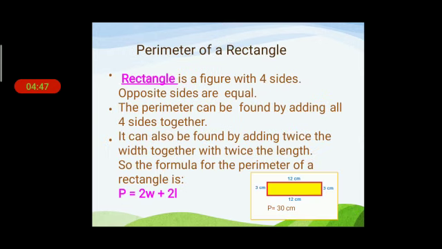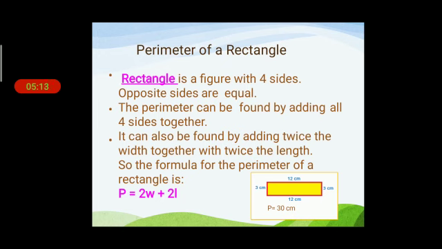What is the perimeter of a rectangle? What is a rectangle? A rectangle is a figure with 4 sides and its opposite sides are equal. The perimeter can be found by adding all four sides together. It can also be found by adding twice the width together with twice the length.